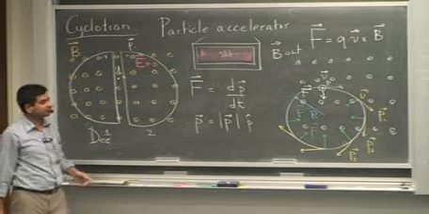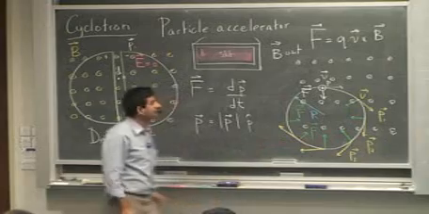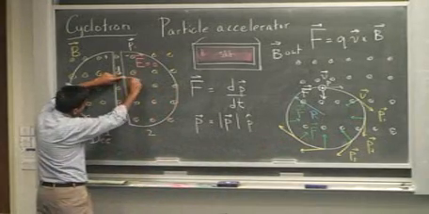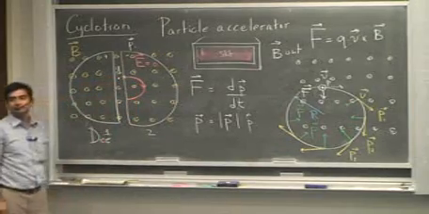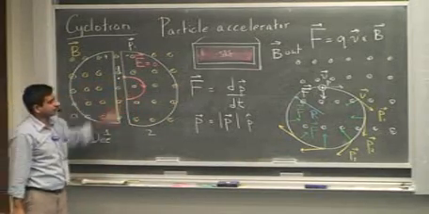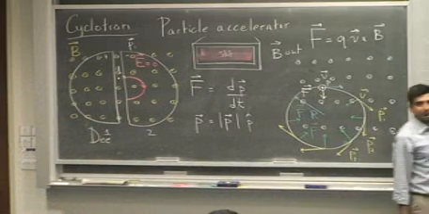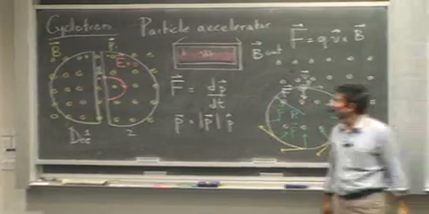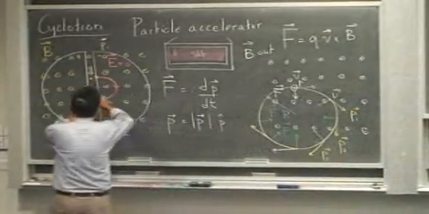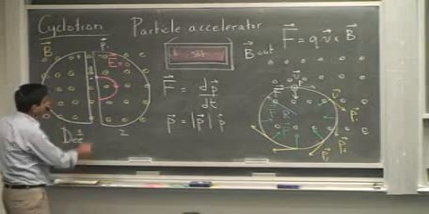So a force will act on this particle and it will undergo circular motion exactly in this fashion. It will move in a circle like this. And the radius R of this circle will be given by the initial momentum divided by the charge and the field. Okay? So this is the initial trajectory of this proton or positively charged particle.